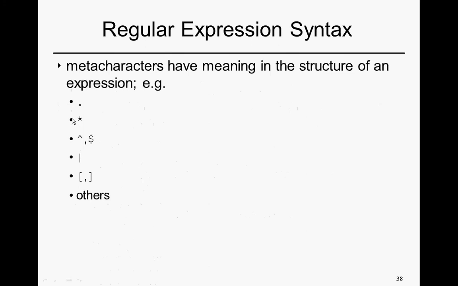They allow us to match zero or more of something, a single character of anything, things at the beginning or end of a line, the beginning and end of a word, etc.